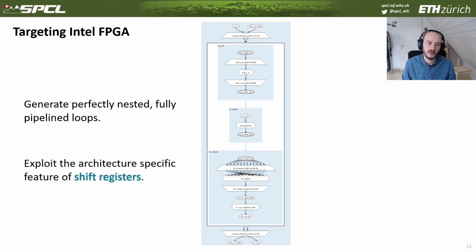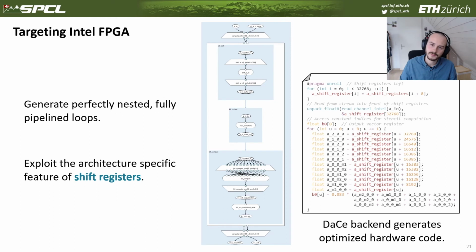Then we can exploit architecture-specific features such as shift registers, which is a powerful abstraction on Intel FPGAs, in order to express the kind of buffering patterns that we need to implement stencil operations. Once we do that, we can use the code generator of the DaCe framework to emit structured high-level synthesis code that will then be sent to the compiler and compiled into efficient hardware.